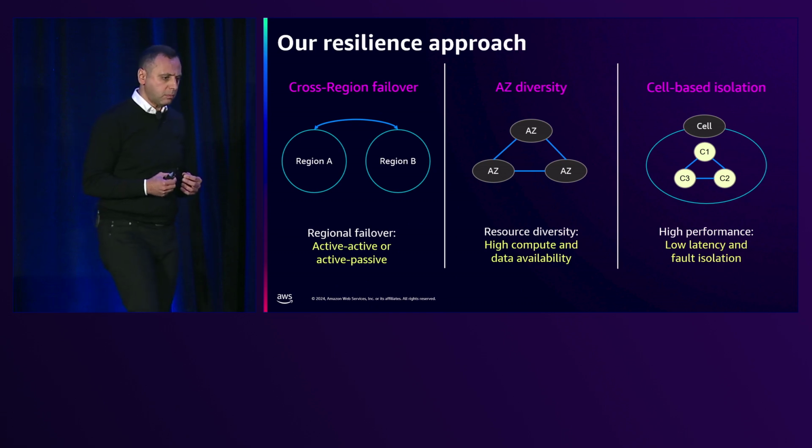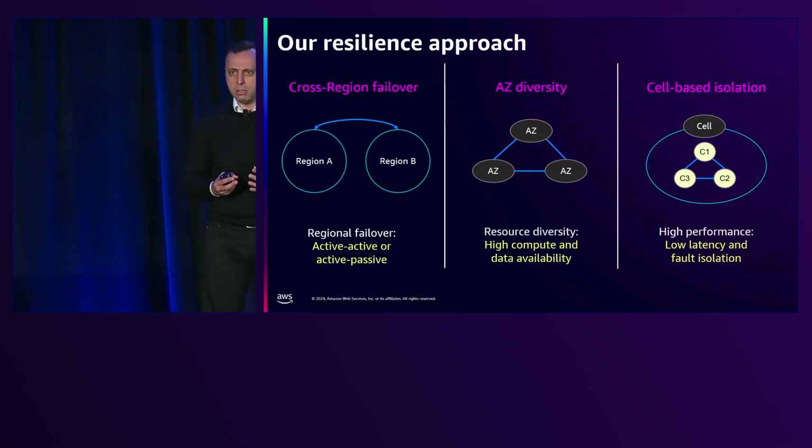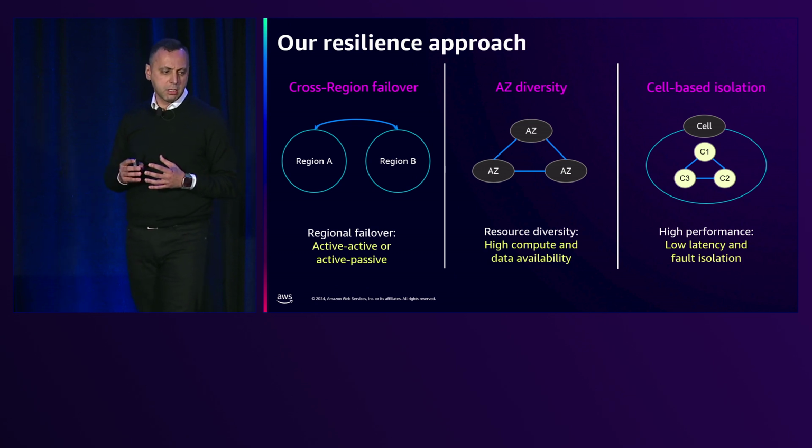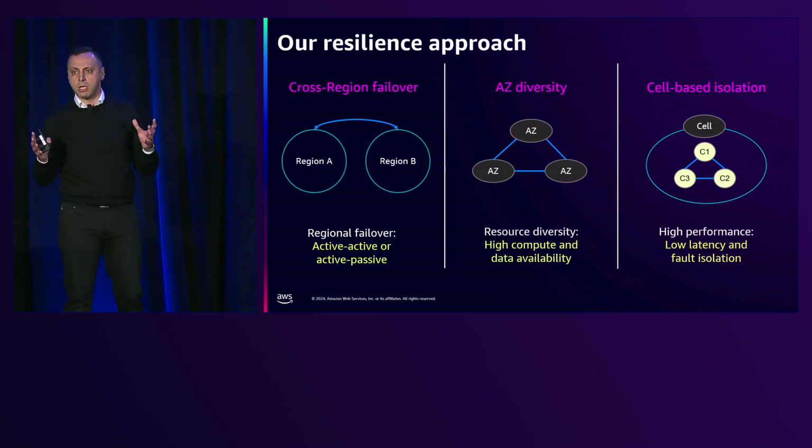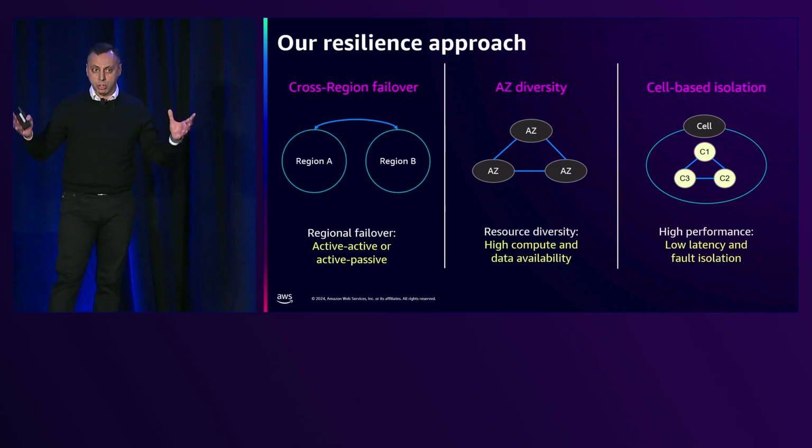So, our resilience approach constitutes three different areas. Our first approach is our cross-region failover. We distribute our workloads across large regions or distances to ensure that when failure occurs in one region, we're able to support the other one.